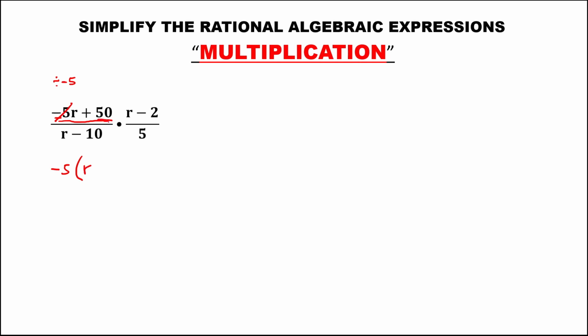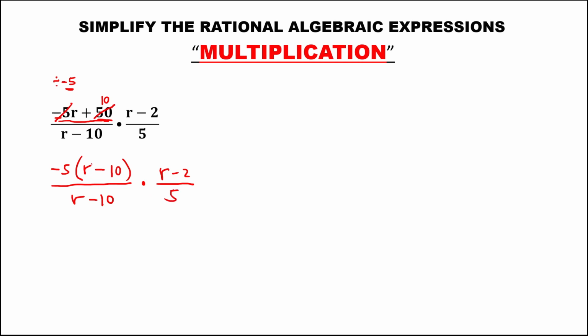And positive 50 divided by negative 5: positive divided by negative is negative, and 50 divided by 5 is 10. So this is minus 10. Then over r minus 10, then times r minus 2 over 5.